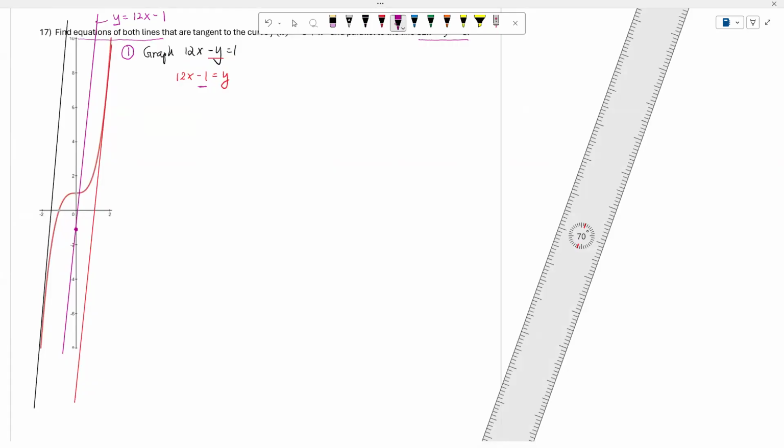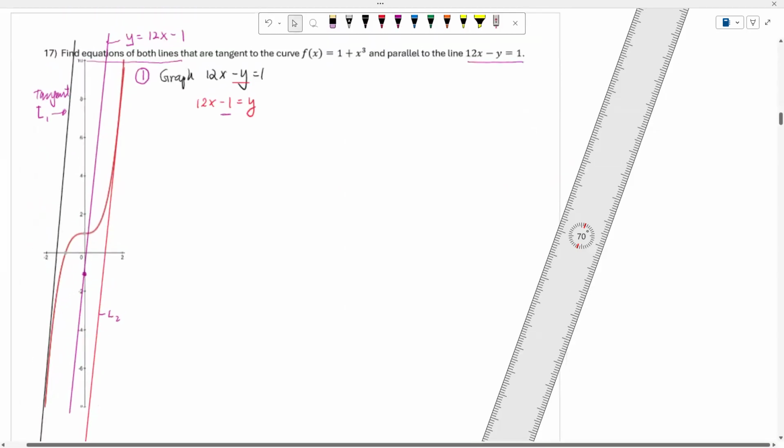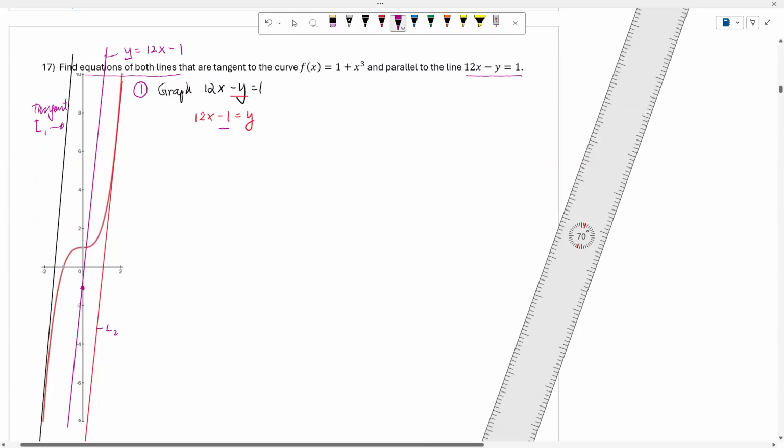And now you should notice the two tangent lines. Maybe I call this one L sub 1 and this one L sub 2. Now these two tangent lines have the same slope, right? Because they are parallel straight lines.